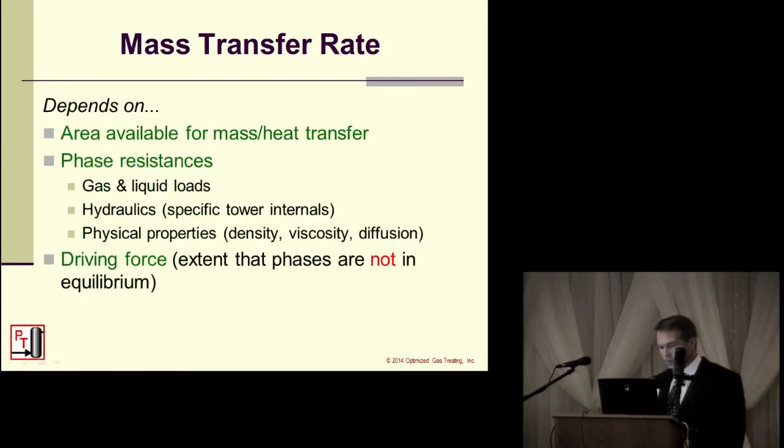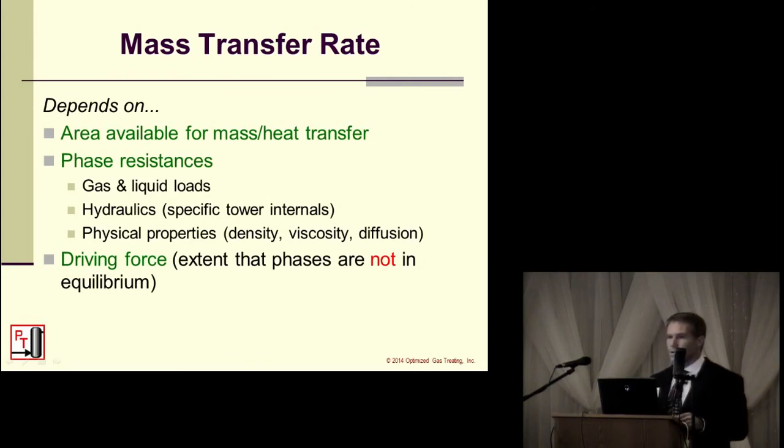One final point here. In an equilibrium stage model, the fundamental assumption is that the vapor and liquid outlets are in equilibrium. In a rate model, the rate of mass transfer really depends on how far away from equilibrium you are.